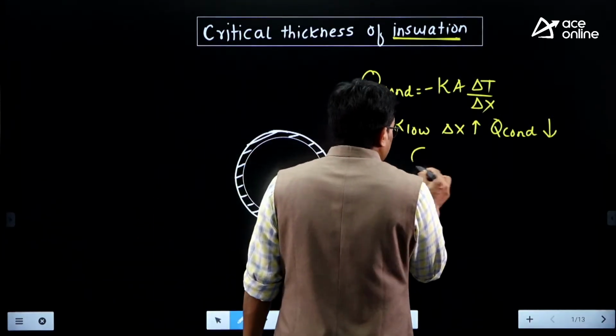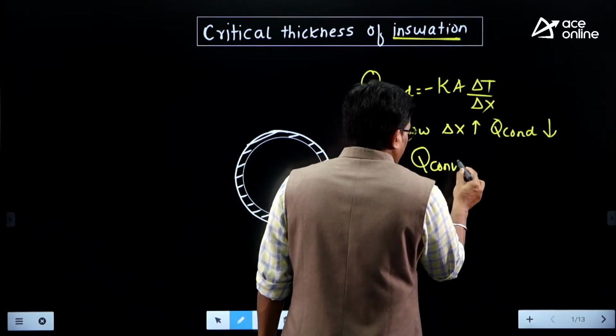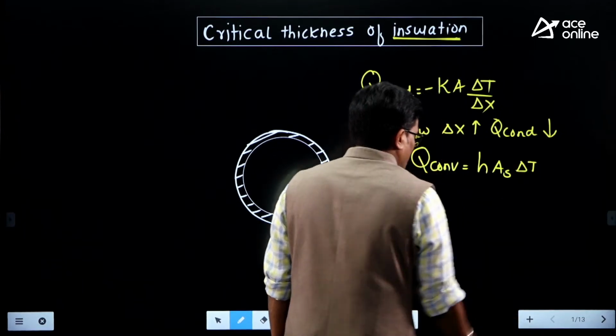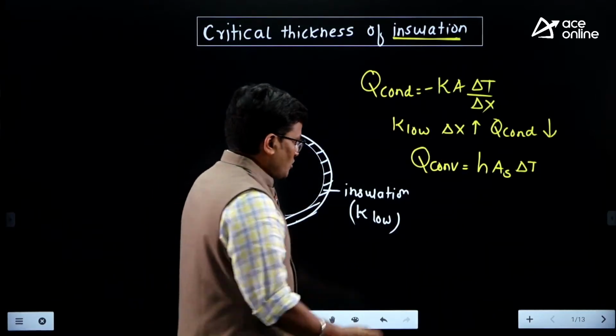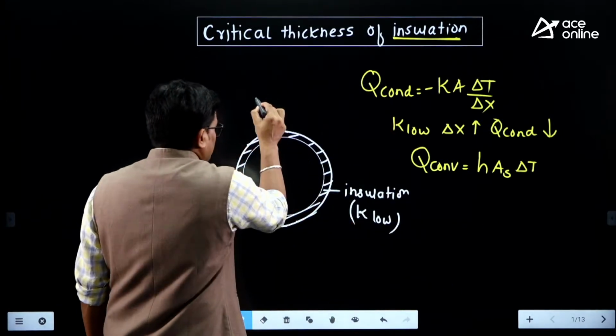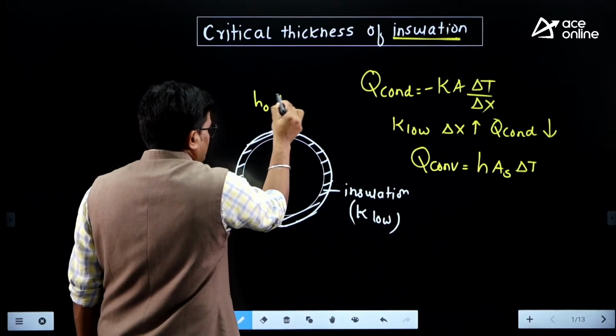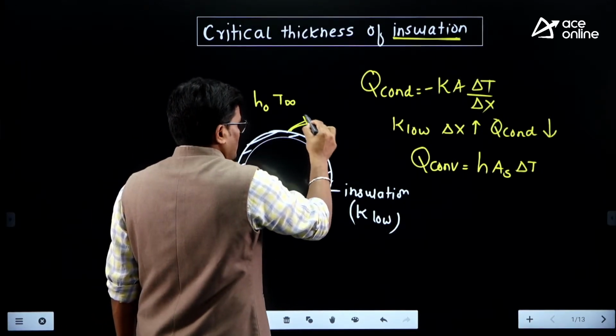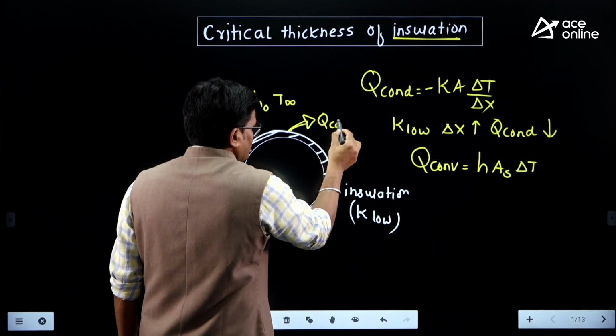What is the problem? Suppose you think about Q convection, that is h A delta T. Let us imagine there is an h outside, and this is T infinity. So from outside there is a Q convection, agree?